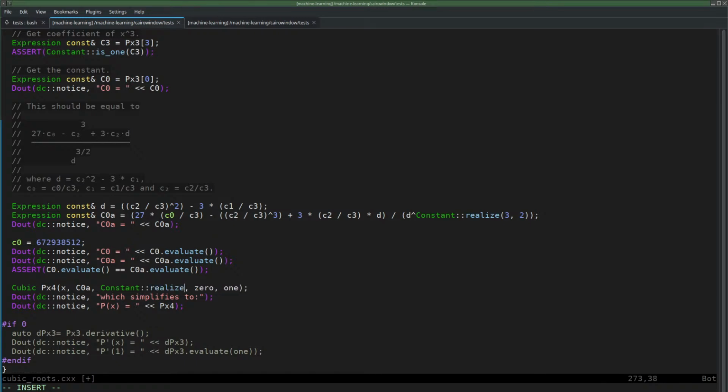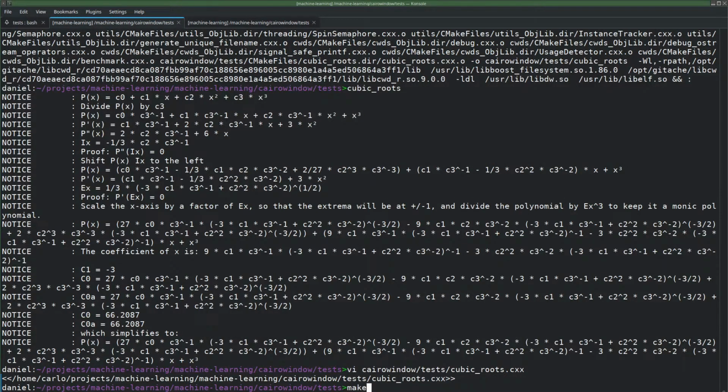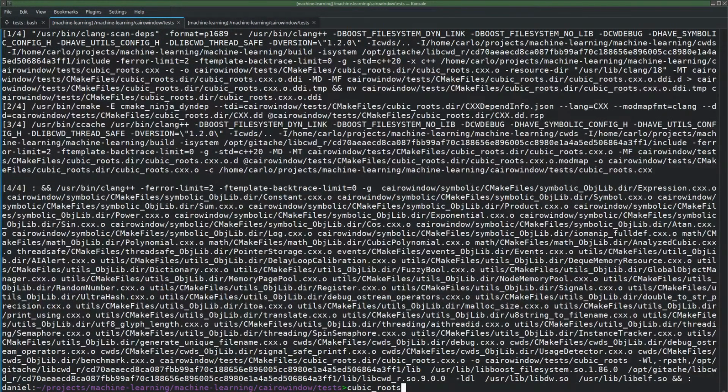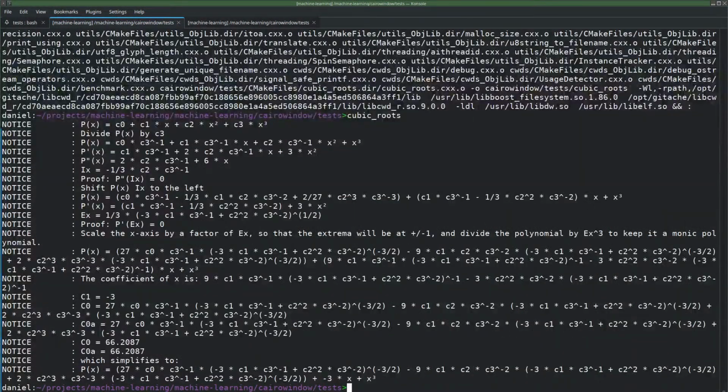Constant realize -3. Okay, so now we have a simple tail here. And an absolutely horrible constant.